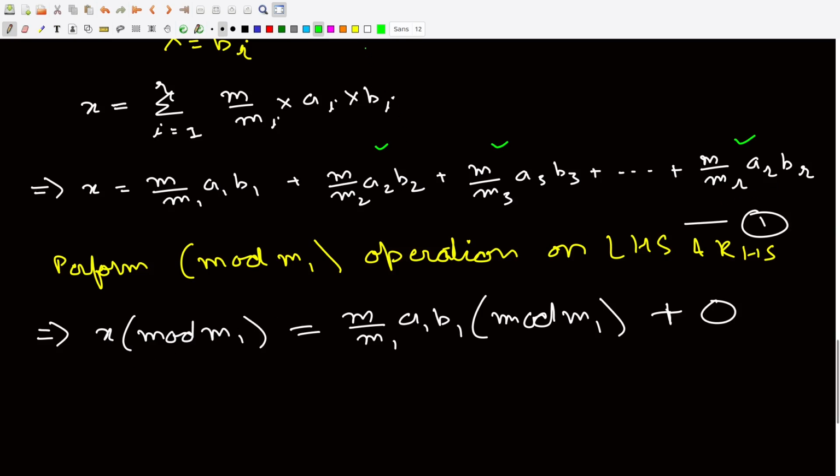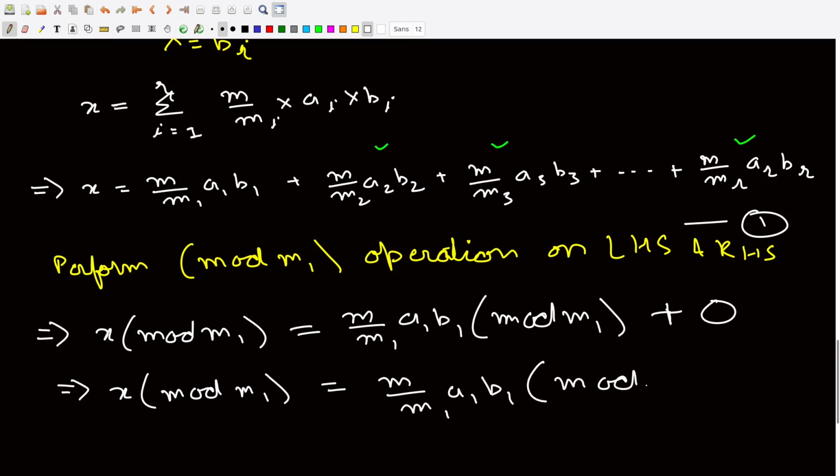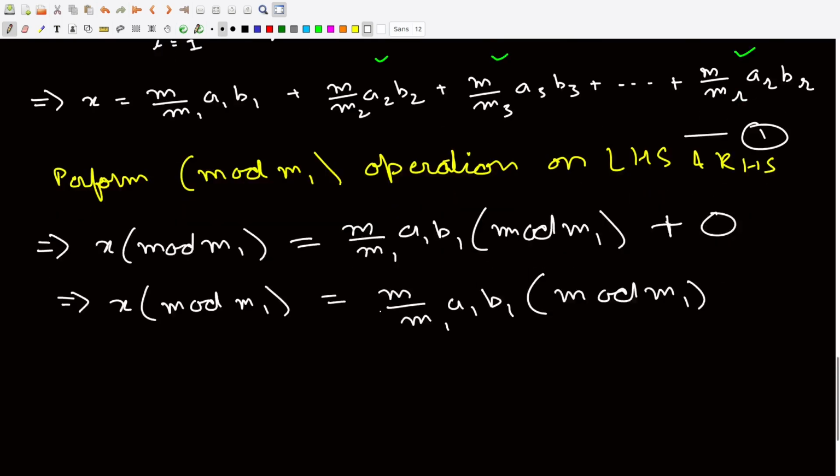Because of that we can write this equation as x modulo m1 equals m by m1 a1 b1 mod m1, right? So this is what we can write down.